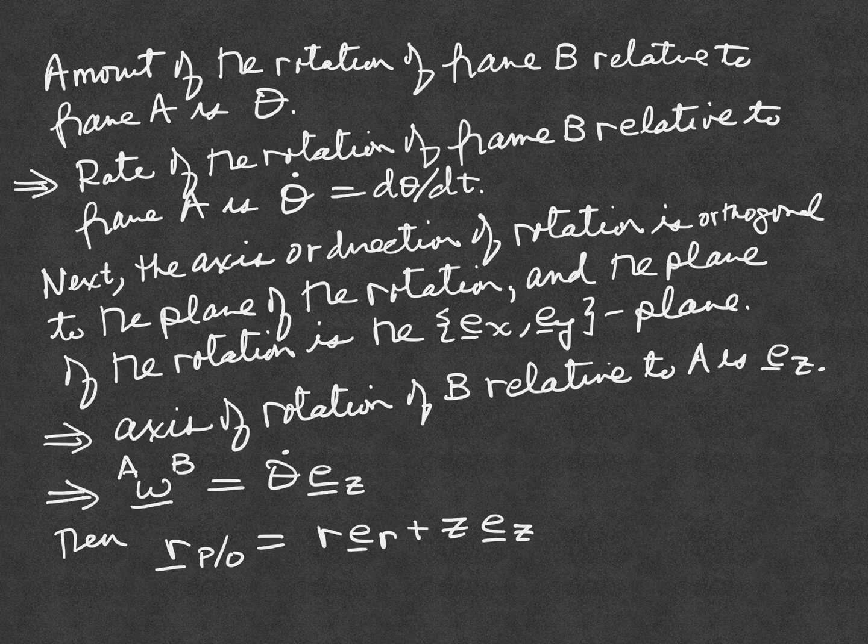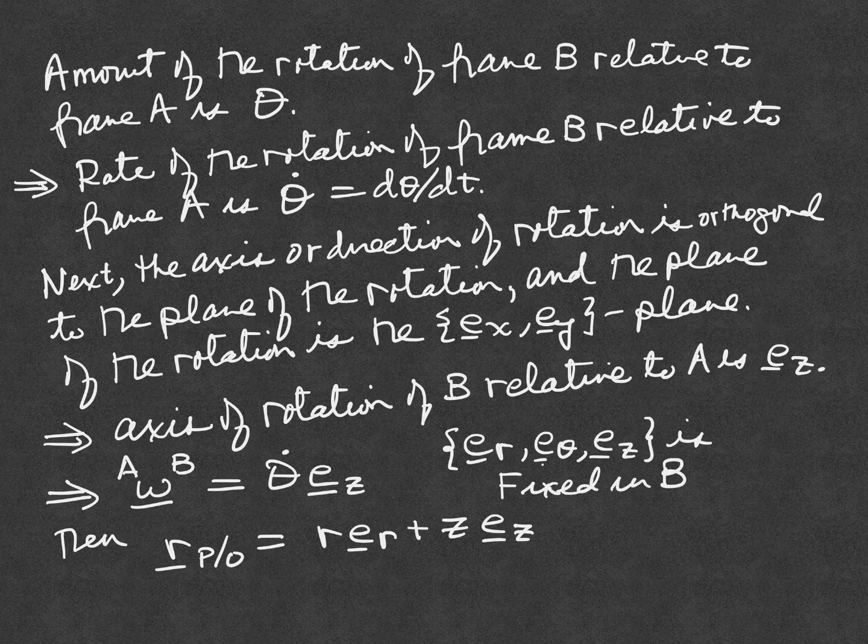And remember, as a reminder, ER, E theta, EZ is fixed in this new frame that I'm calling B. And the angular velocity of B in A is equal to theta dot EZ.